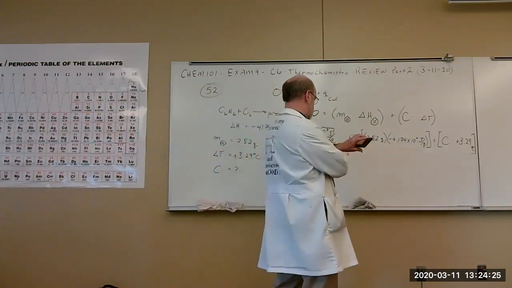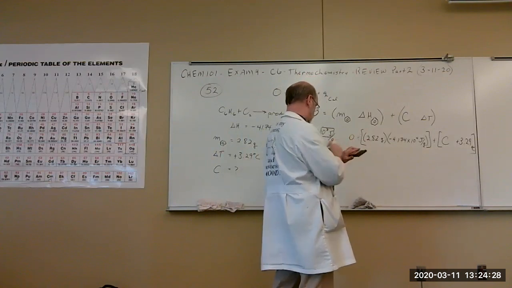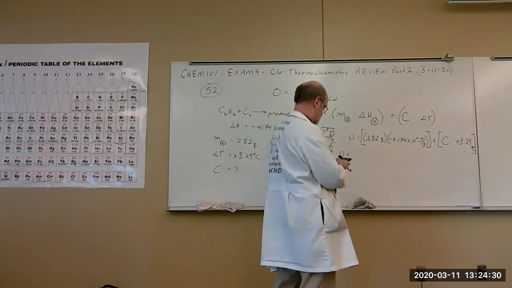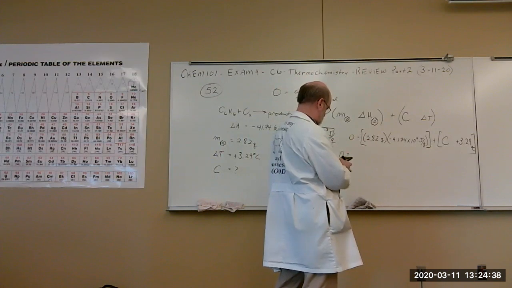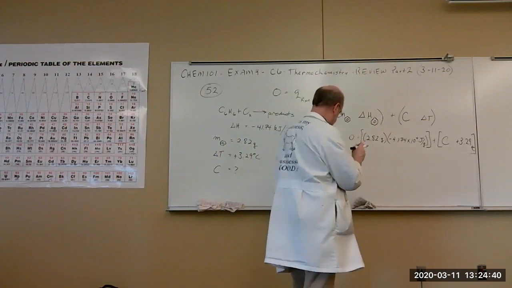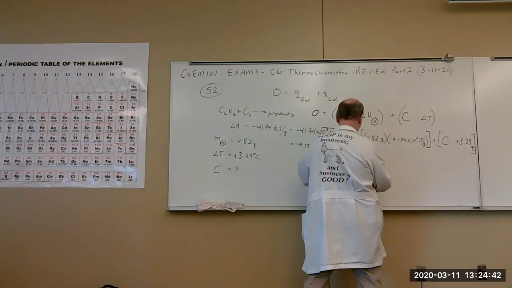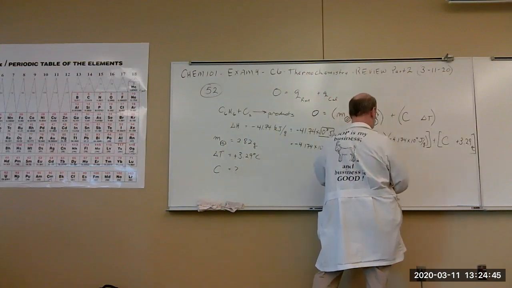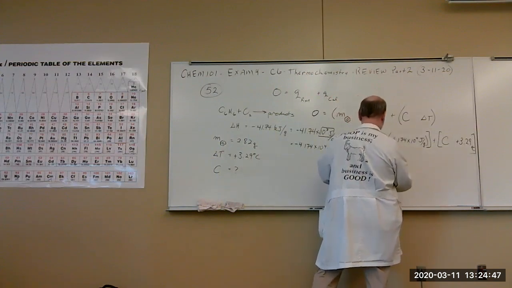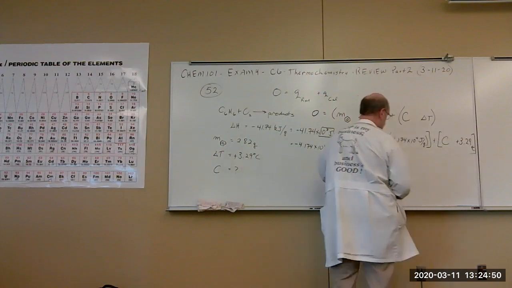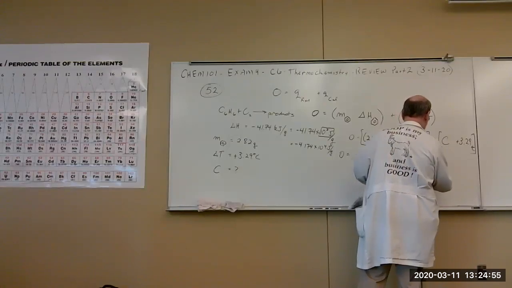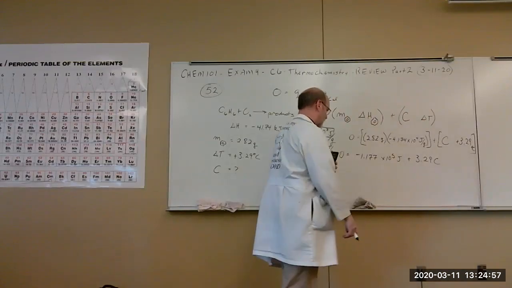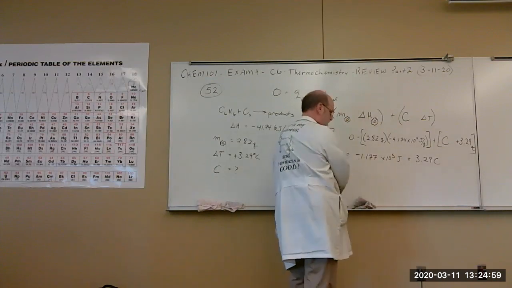So let's see, what is that value? 2.82. Oh, we're going to have time for one more problem after this. 4.174. So I get negative 1.177 times 10 to the fifth joules plus 3.29 C. So we have to bring this one over here as a positive.